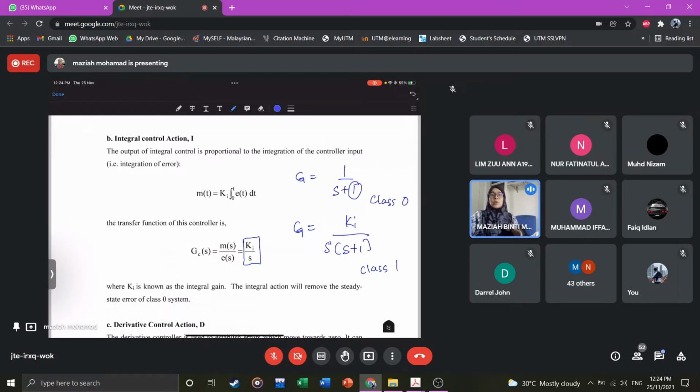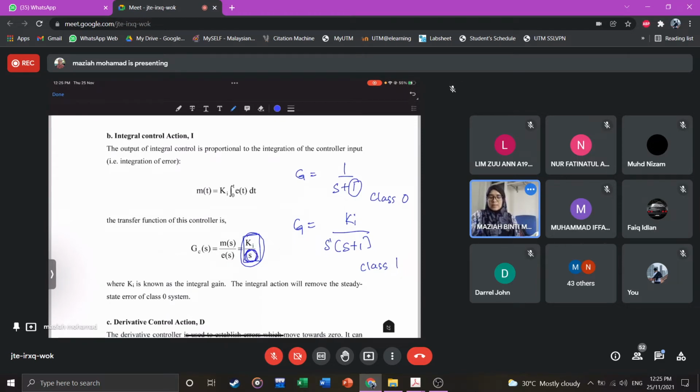We changed the system from class 0 to class 1 by adding integral control action, because the integral action has Ki over S, with the S in the denominator. That is why the system becomes class 1 and the error becomes 0. That is the effect of integral action: it is able to eliminate the steady state error.